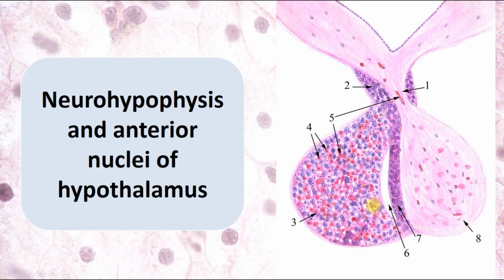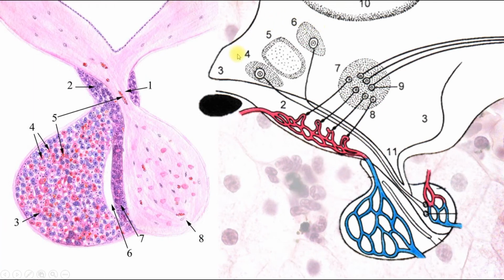So the neurohypophysis and anterior nuclei of the hypothalamus are the first pair, and we'll discuss them first. Here we can see anterior nuclei of the hypothalamus, and they are composed of atypical nervous cells called neurosecretory cells. They are neurons with perikaryon, and they produce hormones, not neurotransmitters.